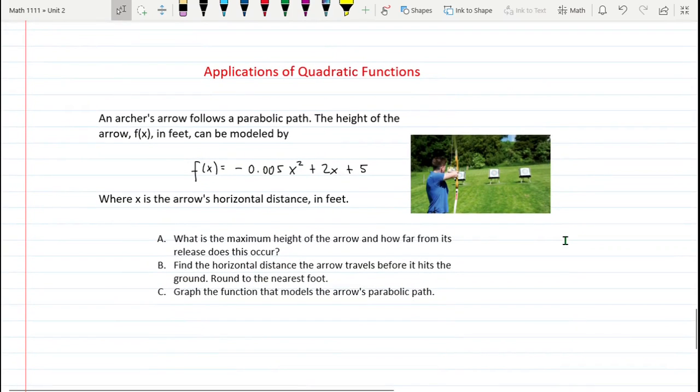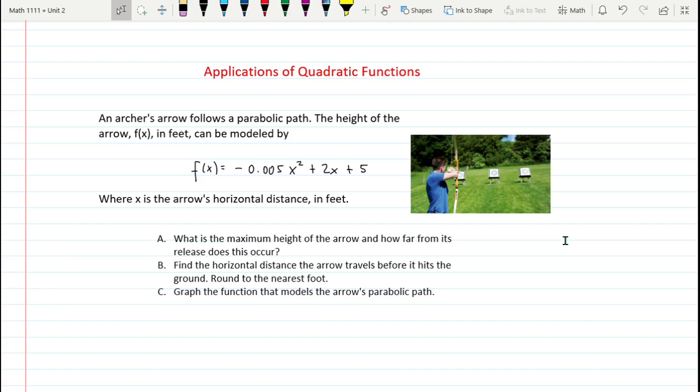The next thing that we want to talk about is the applications of quadratic functions. We want to look at a problem that involves quadratic equations and apply whatever we know to a real-world problem like this one. It says an archer's arrow follows a parabolic path.